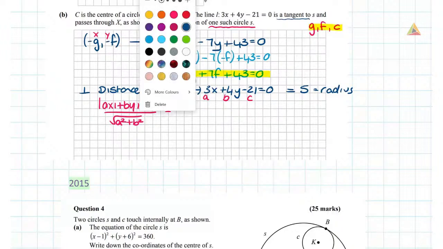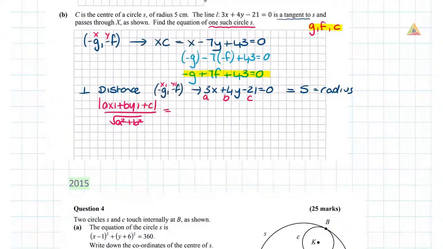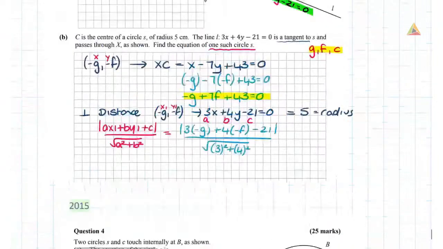So subbing in, we're getting the absolute value on the top line of 3 times x1, which is minus g, plus 4 times y1, which is minus f, plus c, which is minus 21, all in the absolute value signs. And that's all over the square root of a squared plus b squared, so that's 3 squared plus 4 squared.